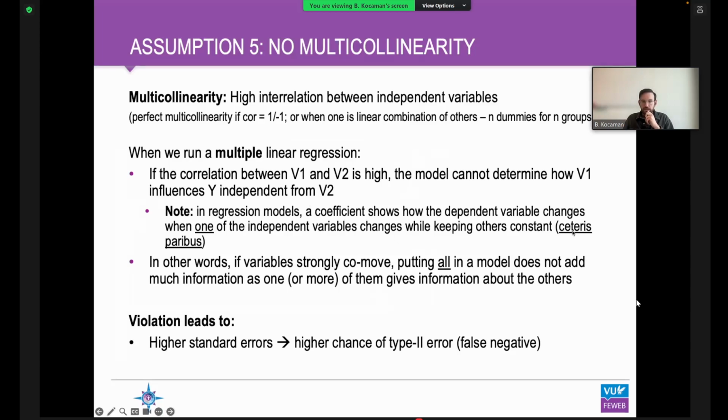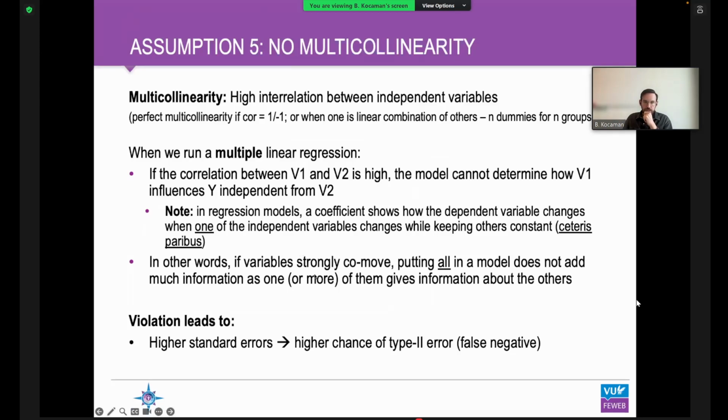Because if you remember, we had this ceteris paribus condition in the multiple linear regression, that the coefficient estimates represent how a one unit change in an independent variable changes the dependent variable, keeping all other independent variables constant. But in this case, if these two variables are moving together, if they have a high correlation, we cannot really keep one constant and change the other, right? Because these two move together. So this creates a problem in regression models.